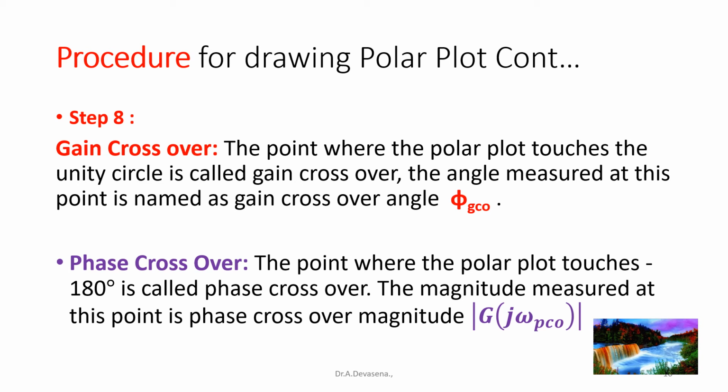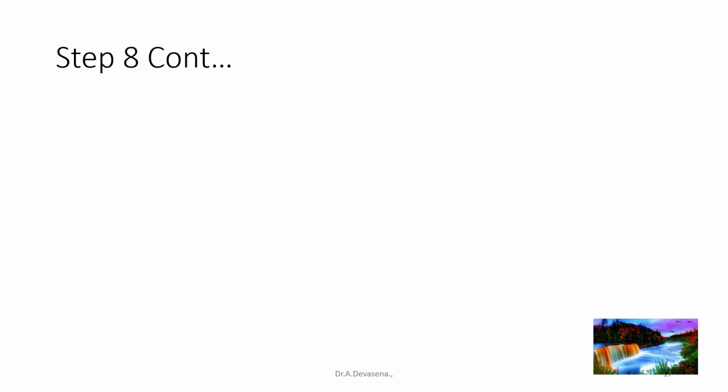Phase crossover is the point where the polar plot touches the minus 180 degree line. The magnitude measured at this point is phase crossover magnitude, which is represented as magnitude of G of j omega suffix PCO.